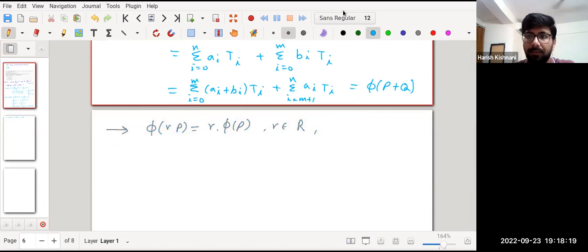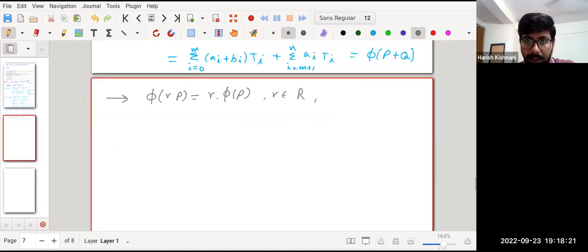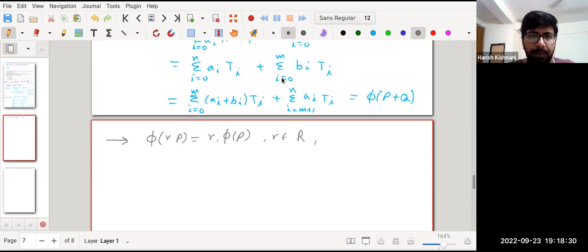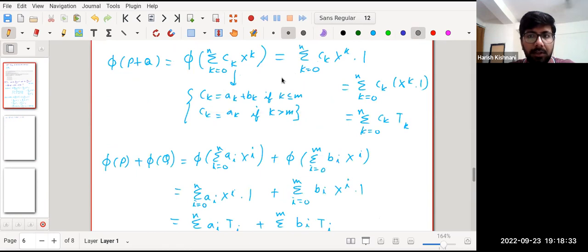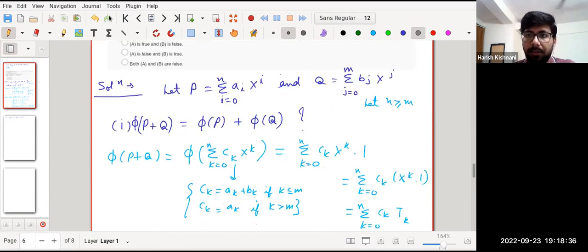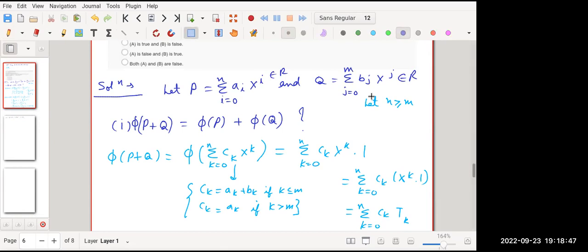Now let's see this. Take the same R, because Q and R both are elements of capital R. Sir, for module homomorphism, we need to check the scalar preservation: phi of RP equals R phi of P, where R belongs to the ring and P belongs to the module.